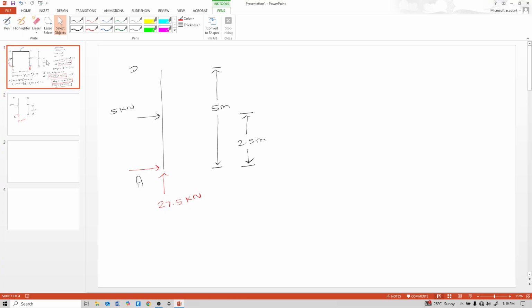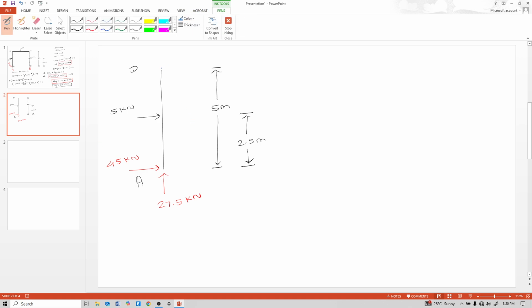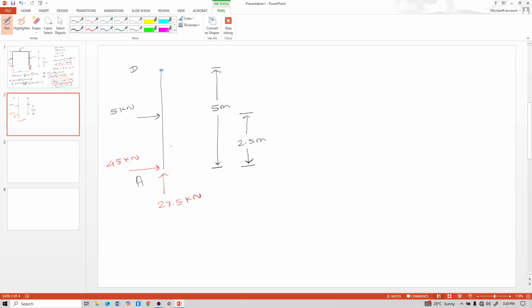This Ax is 45 kilonewton. Now this D point is a fixed point and is 27.5 kilonewton upward. So due to this 27.5 kilonewton, an equal and opposite reaction comes. So this is opposite sign and equal reaction, 27.5 kilonewton.